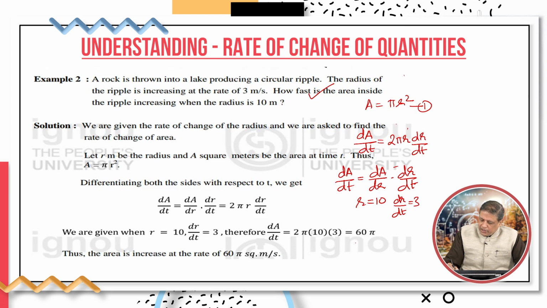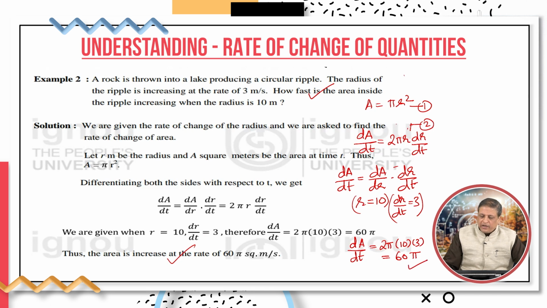So, that means dA by dt, we can substitute the values in this equation number 2, the value of dr by dt, that is equal to 3, and r is equal to 10, and you will get 2 pi into 10 into 3, that is equal to 60 pi. So, that means area is increasing at the rate of 60 pi square meters per second. So, this is the rate at which the area is increasing inside the ripple.